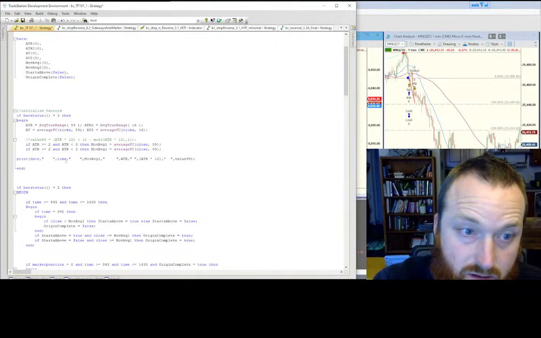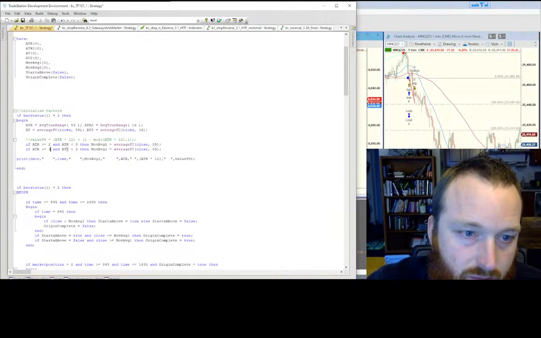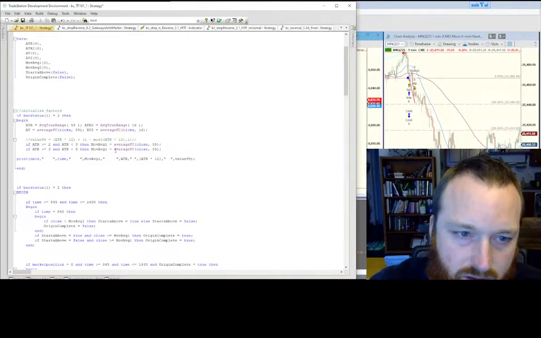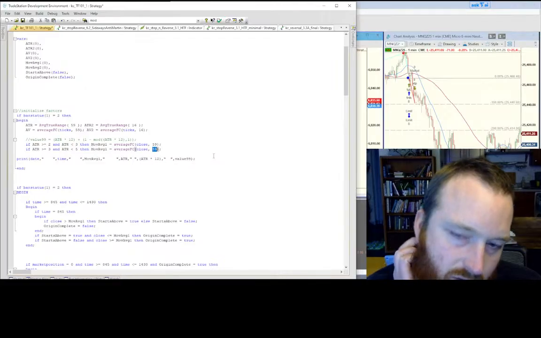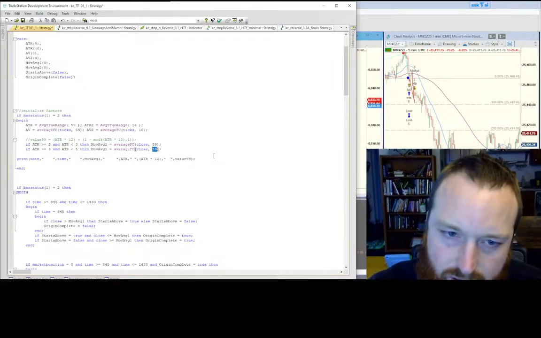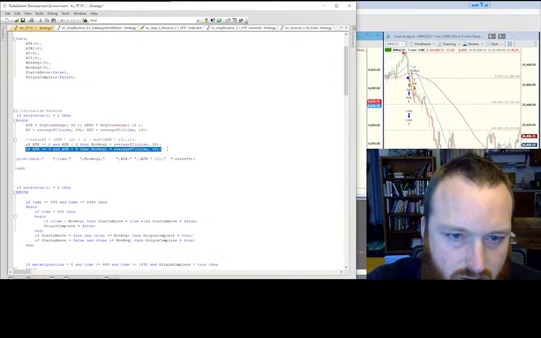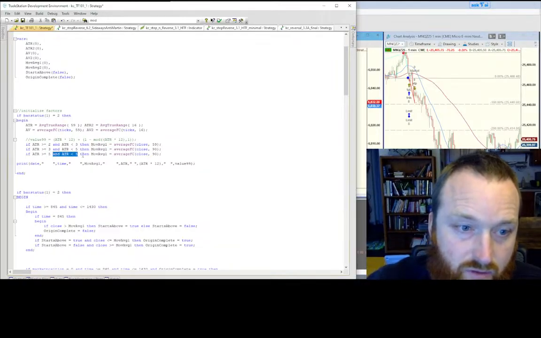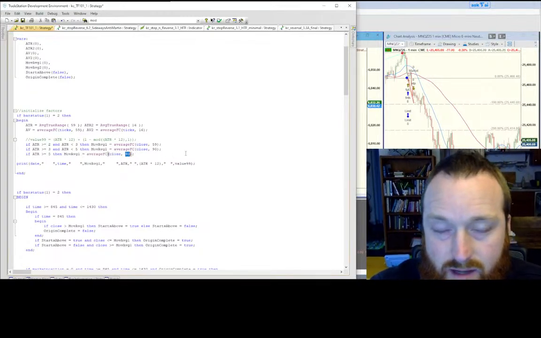If the ATR is 3 to 5, instead of the past hour, it's going to look at the past hour and a half, so 90. And if the ATR is greater than 5, man, this is moving, bro. So we want to adjust that for the past almost 3 hours.